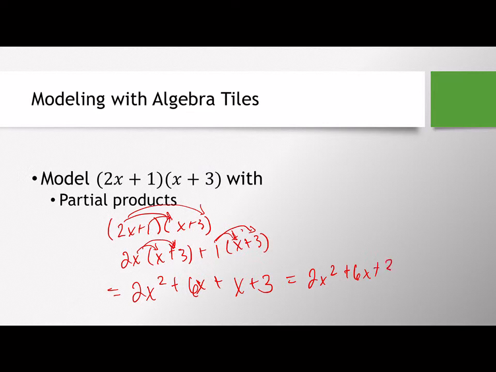Let's insert this I just thought of: 2x times x, here's our first one, plus 2x times 3, second one, plus 1 times x, plus 1 times 3. Okay, so when you get all of those together, you get 2x squared plus 7x plus 3. Those are the partial products.